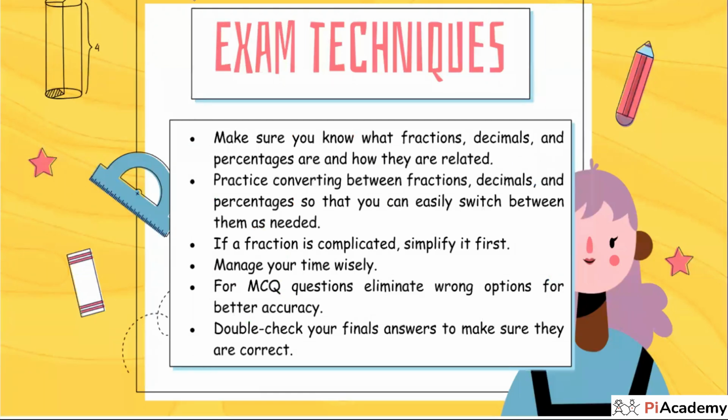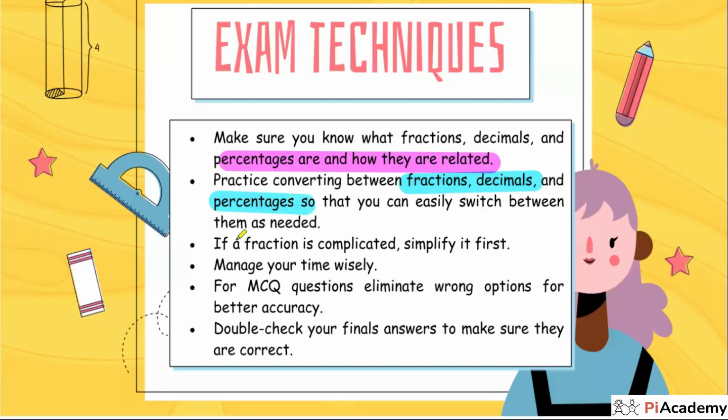We have to discuss the exam technique in the last 3 minutes. I am giving you some points which are most important for this chapter. First of all, make sure you know how fractions, decimals, and percentages are related. You must know how they are connected. Next, practice conversion between fractions, decimals, and percentages.